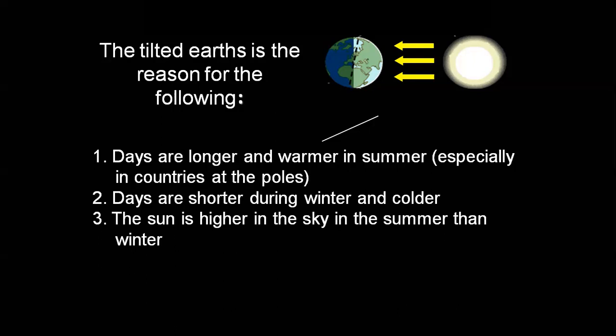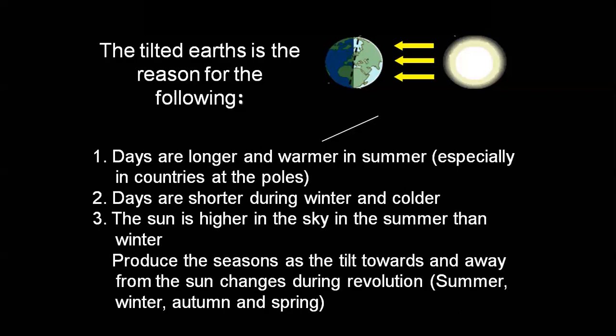The sun is high in the sky in the summer than winter, and the different seasons are produced. Okay, this is actually caused by the Earth being tilted. All right. Now, why do we have? Okay, we've looked at this previously.